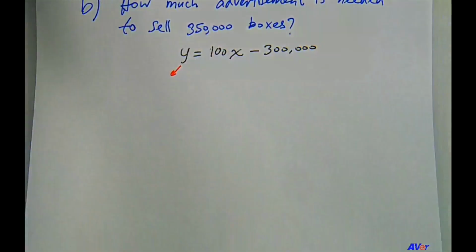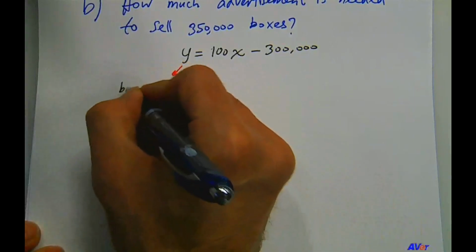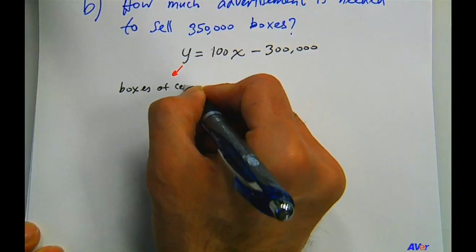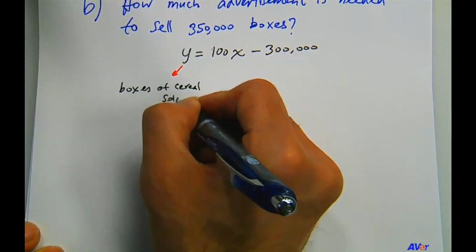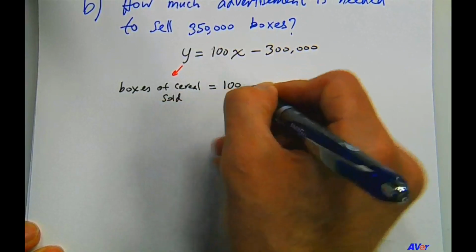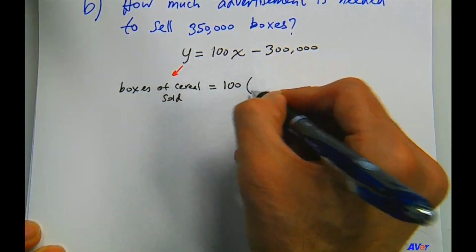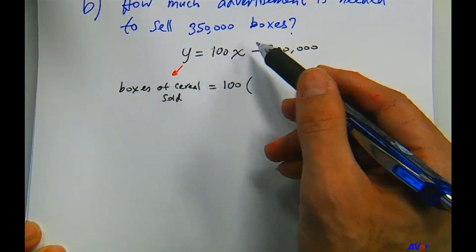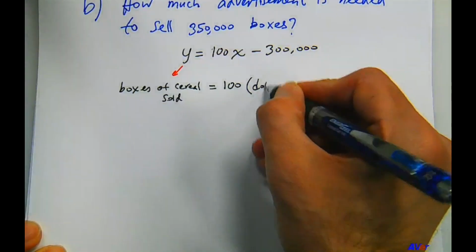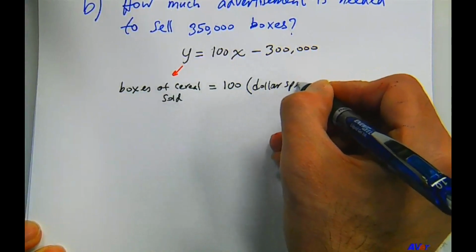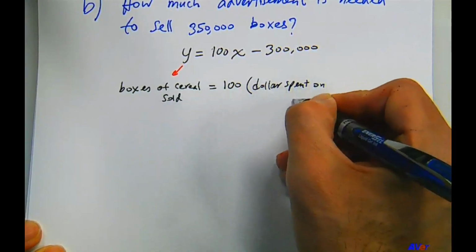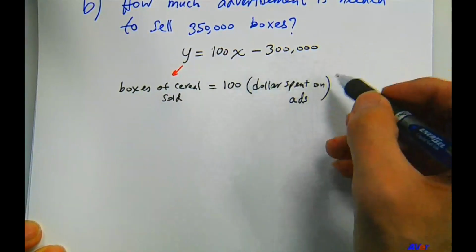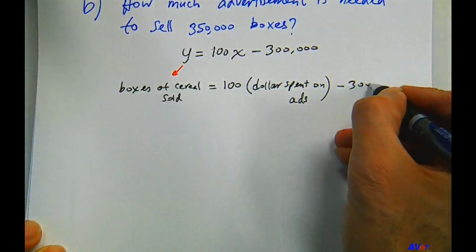So let me substitute for y with that, equals 100. Instead of x, let me write down the description of this variable, which was the independent variable, and that was dollars spent on ads, right? That was x, minus 300,000.